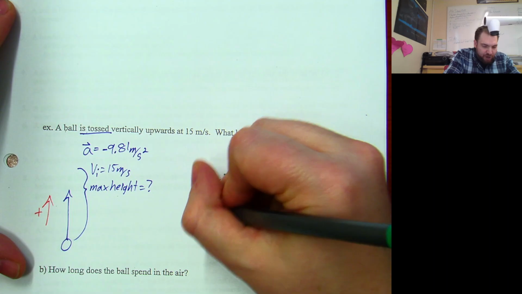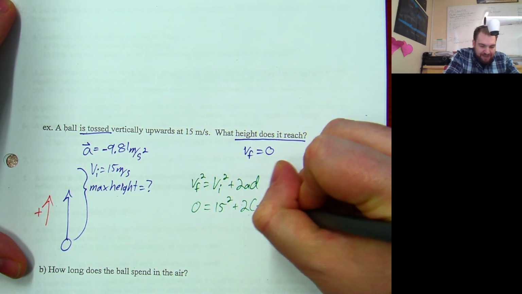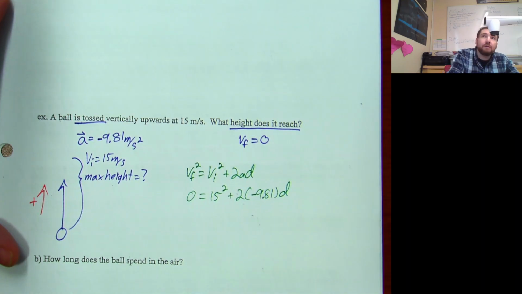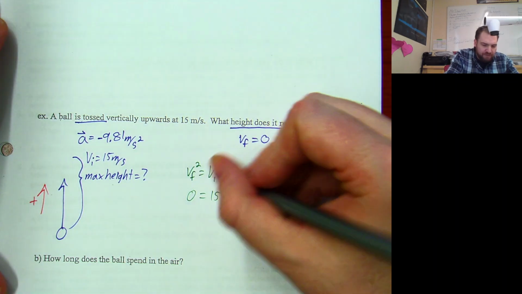So I'm going to get 0 equals 15 squared plus 2 times negative 9.81 times D. Well, 15 squared is 225.